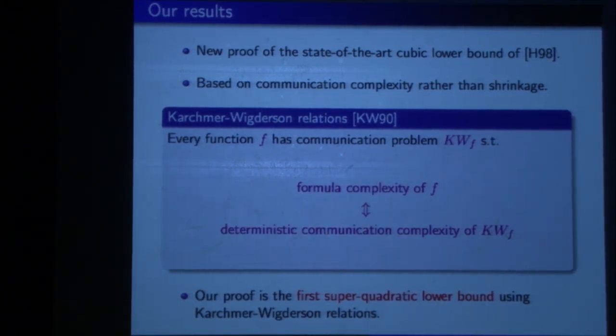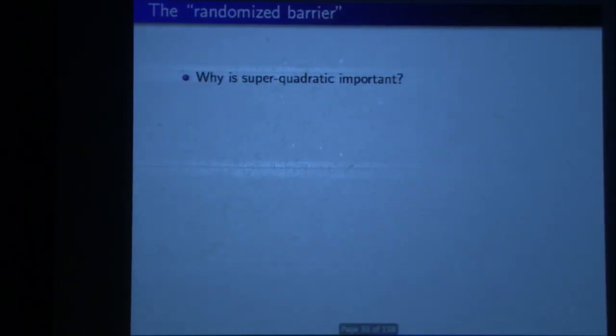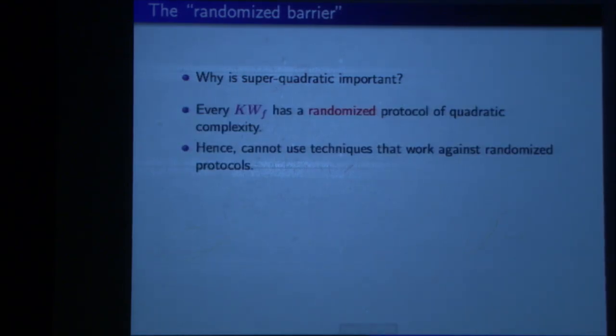So why is this important? The thing is that every corresponding problem, KW sub f, has a randomized protocol of quadratic complexity. So therefore, we cannot use, for those communication problems, techniques that work against randomized protocols, and this rules out more or less almost all the communication complexity techniques that we have.